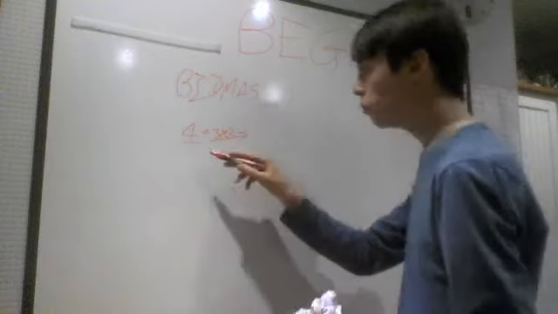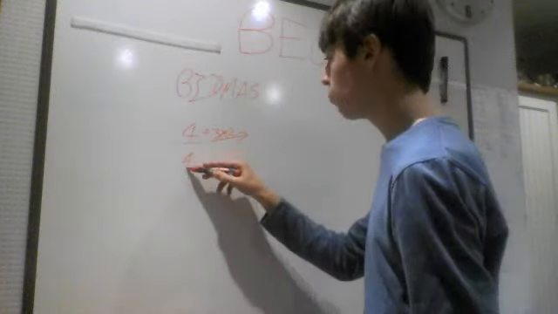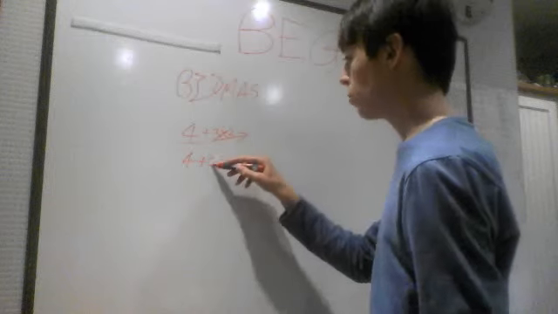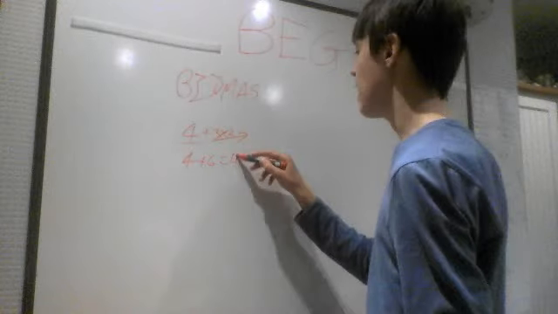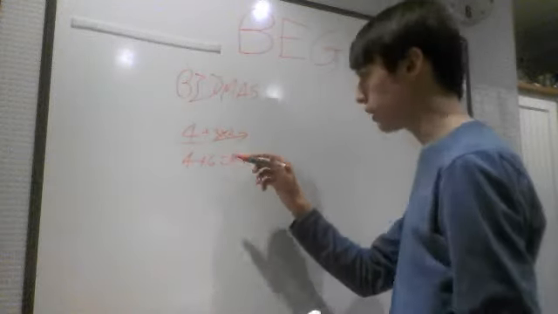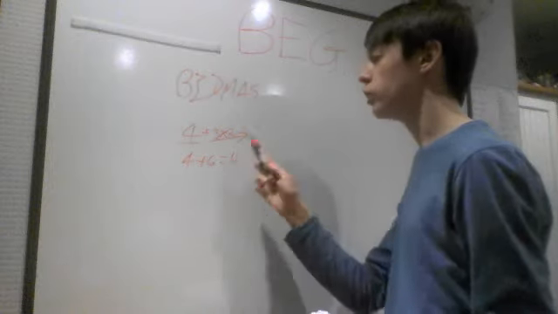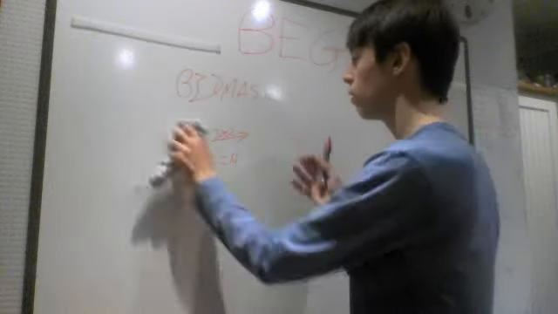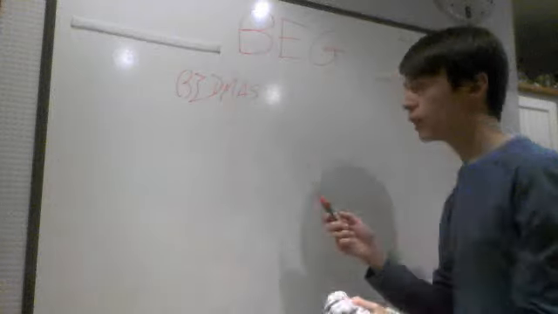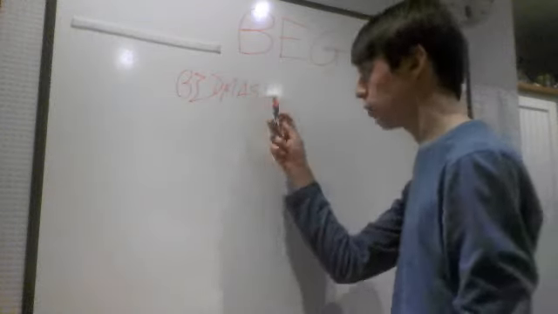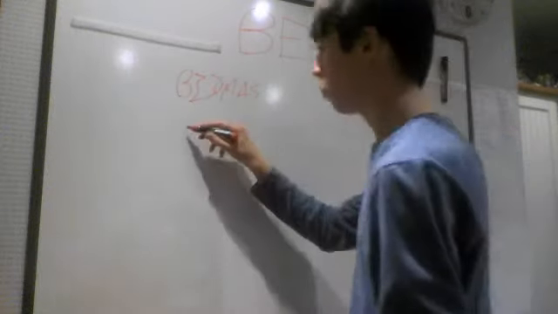Okay? So, 3 times 2, obviously we all know is 6. So, it ends up with 4 plus 6 equals 10, not 14, which would be what you would do if you added first. So, how do we know this? Because of BIDMATS.